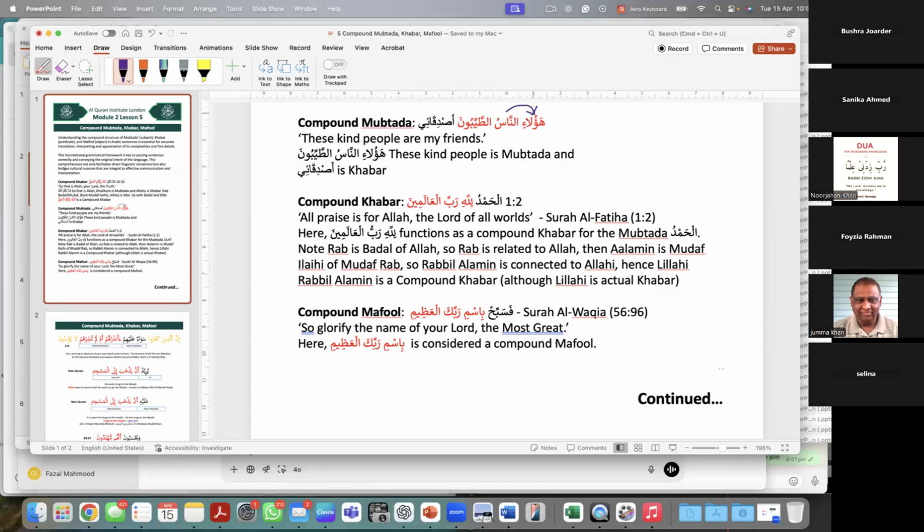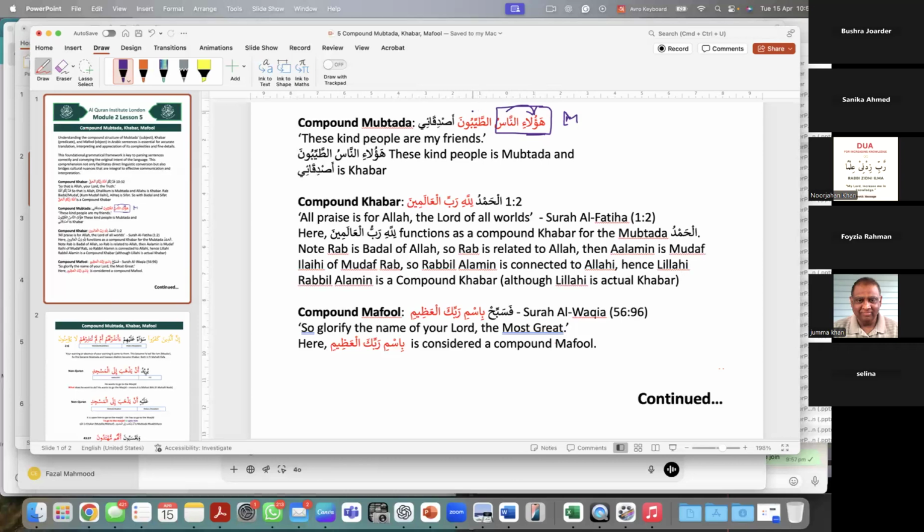Ha'ulai is a demonstrative pronoun, ismul ishara, correct? And this is musharun ilayhi, correct? Yes. So these two, murakkab ishara, can always be a mubtada if it is there. So I found a mubtada, it is itself a compound mubtada with these two.